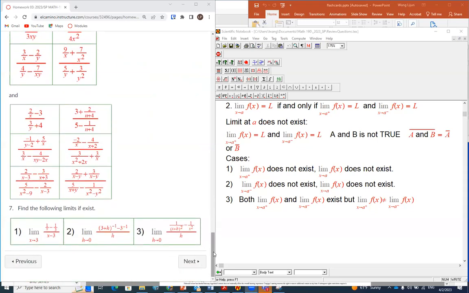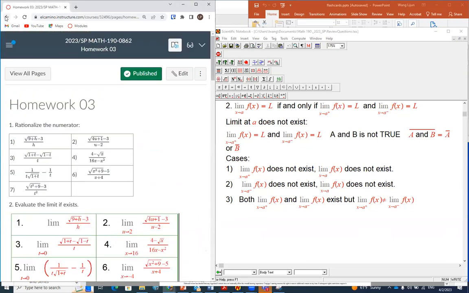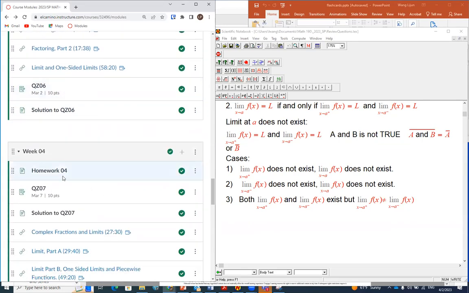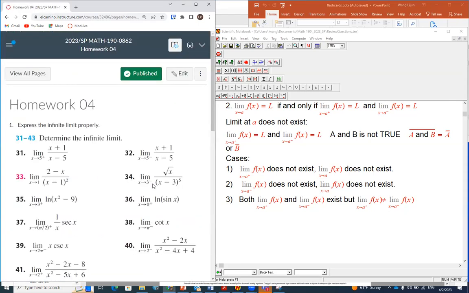In this case, I'm going to bring you the other homework. Homework number 4, I think, is the infinite limit. For example, we just didn't ask you further questions. When x is approaching 5 from larger than 5, I'm going to take this example.